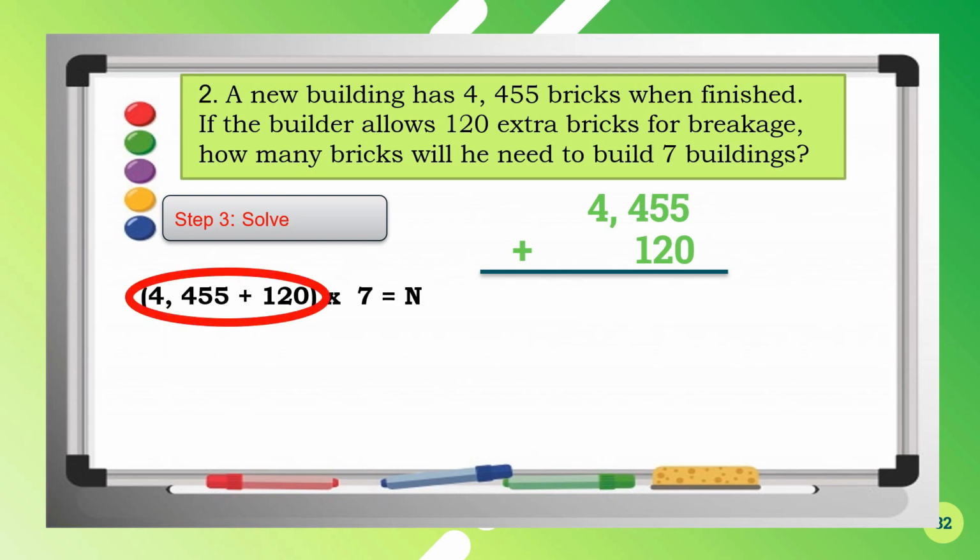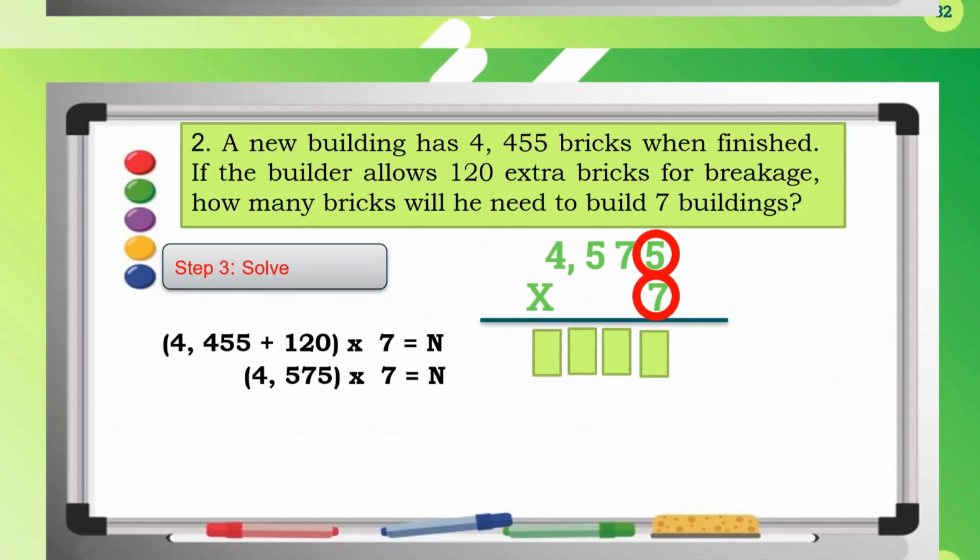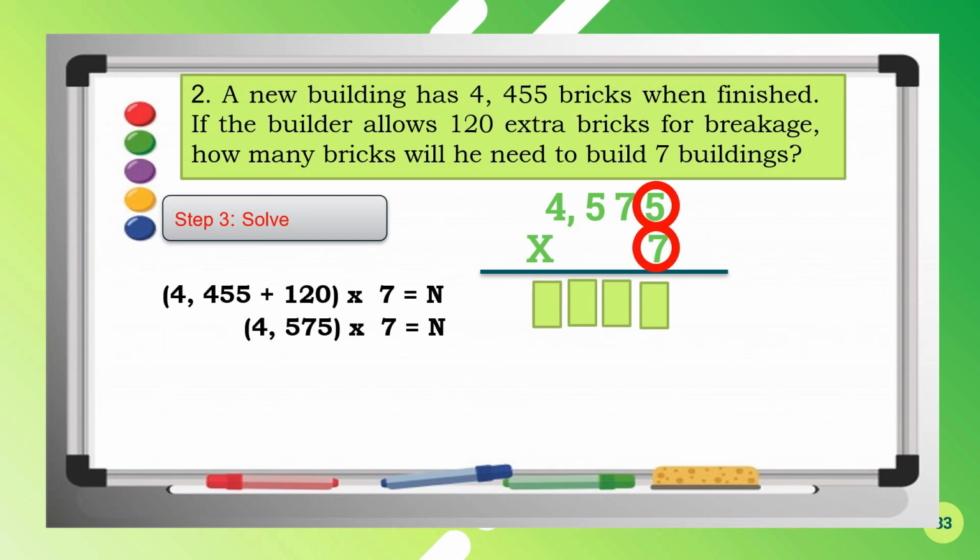We will first solve for the numbers inside the parentheses. So 4,455 plus 120. 5 plus 0 is 5, 5 plus 2 is 7, 4 plus 1 is 5, then bring down 4. Next step is to multiply 4,575 times 7. So 7 times 5 is 35.